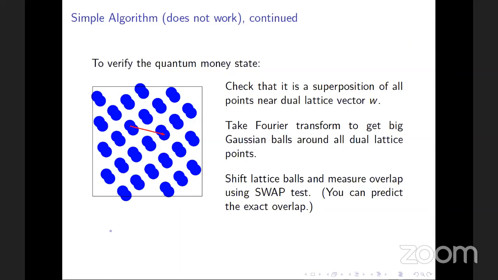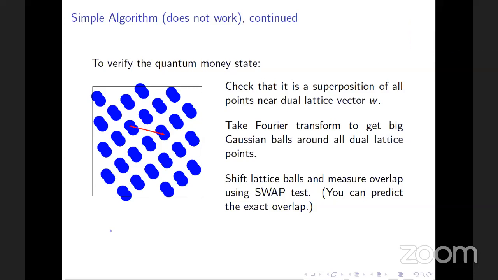So Peter, another question. Just to recap, the serial number is a dual lattice point W, right? Right. And the state is a superposition of lattice points in a Gaussian ball around W, and this Gaussian ball is pretty small, right? It's small enough you can use bounded distance decoding. That doesn't mean it's really small. It could have a whole bunch of lattice points in it.